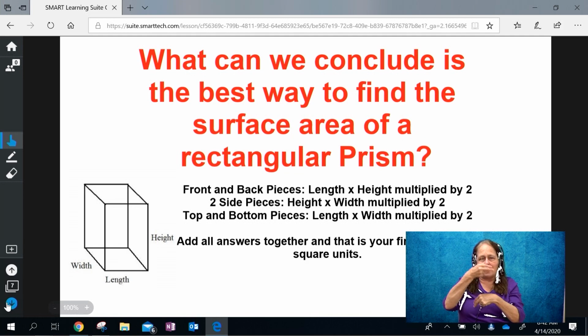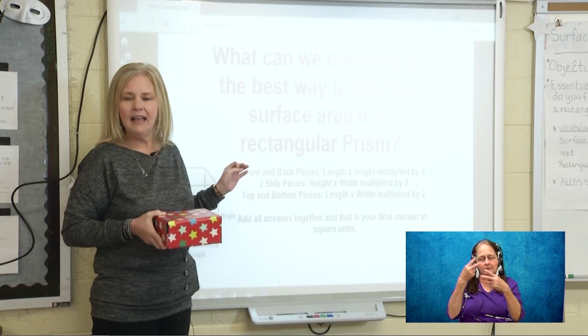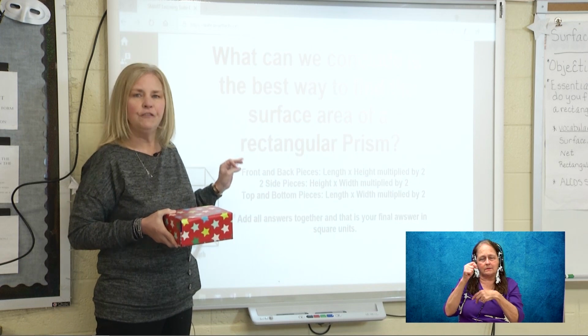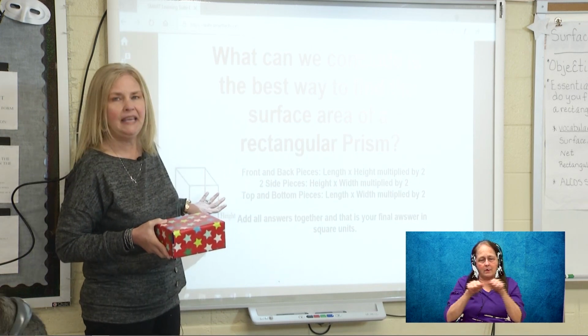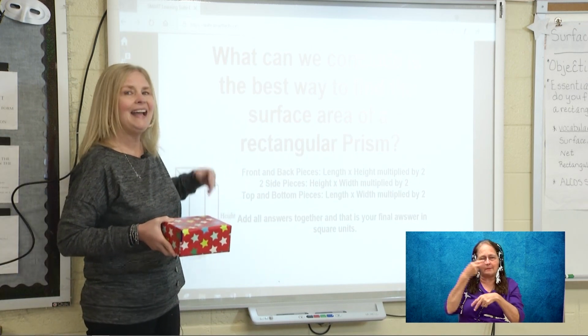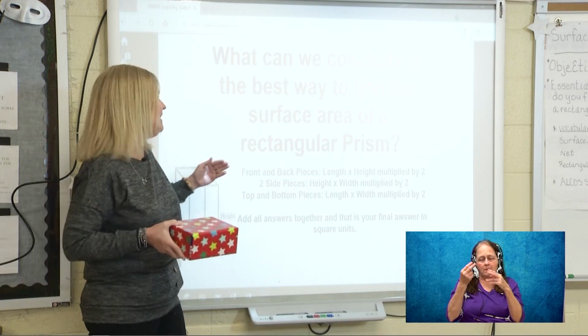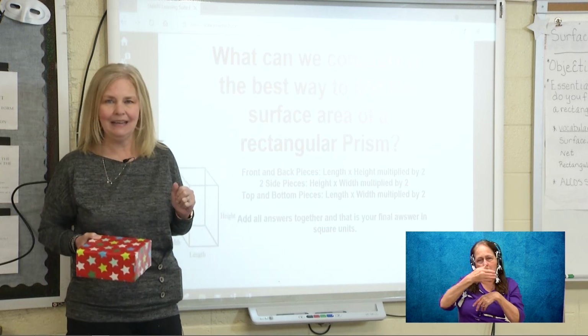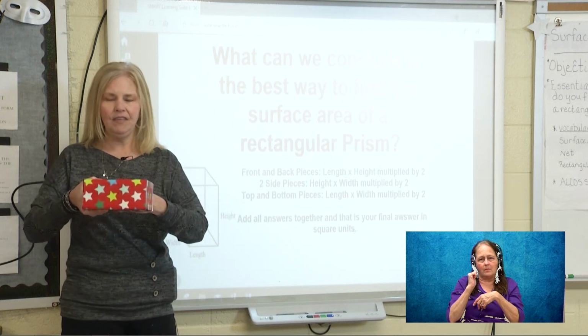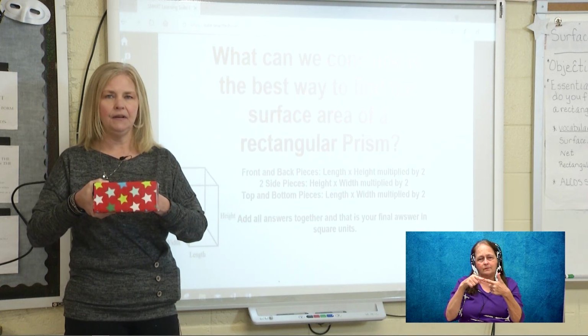If I find the length times the height of this figure, then I will be able to find the area of that front piece. And then I can multiply it by 2, and that takes the front and the back. This and this on this particular shape.